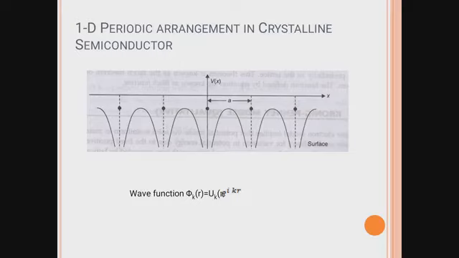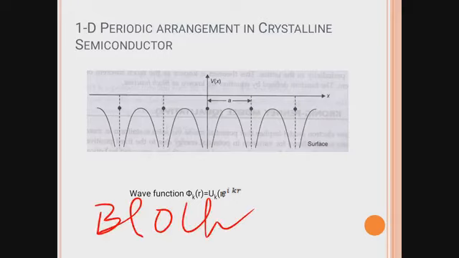Similarly, the wave functions, the total periodic potential, the periodic cell functions, and the plane wave will also be periodic in nature. This kind of theorem is known as Bloch's theorem.